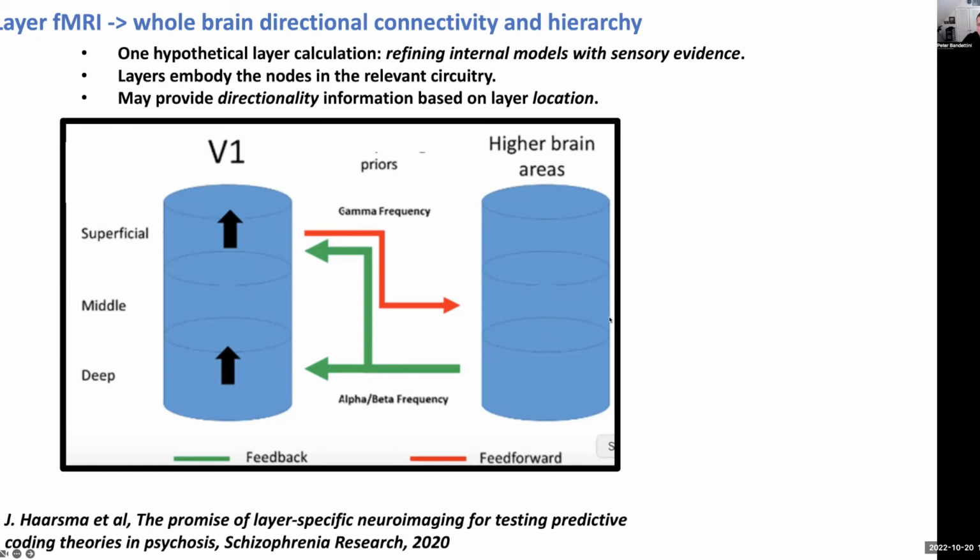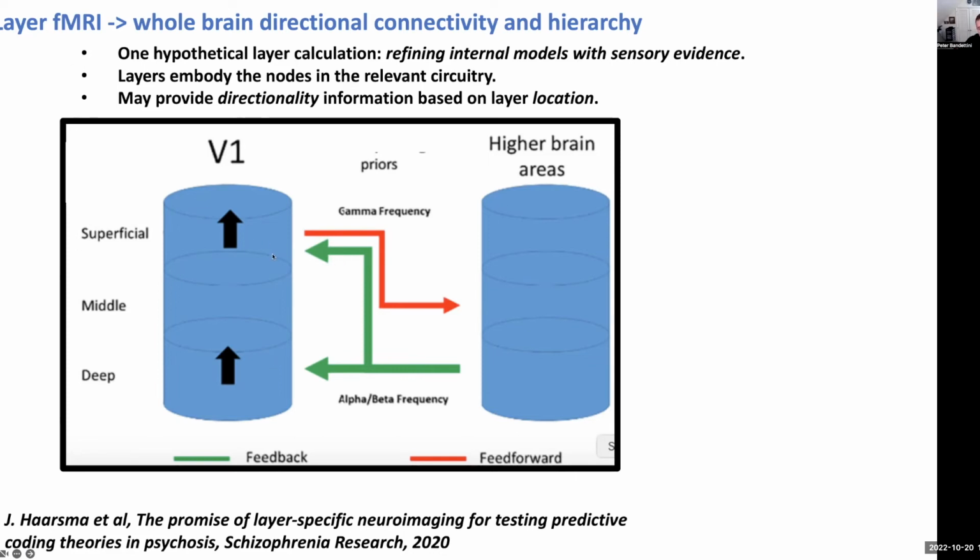Everything that is higher gets fed into by lower areas through their middle layer, and everything that is fed back, these higher brain areas that form models of the world or predictions, then feed back to modulate activity in V1. And where they feed back is in upper and lower layers.